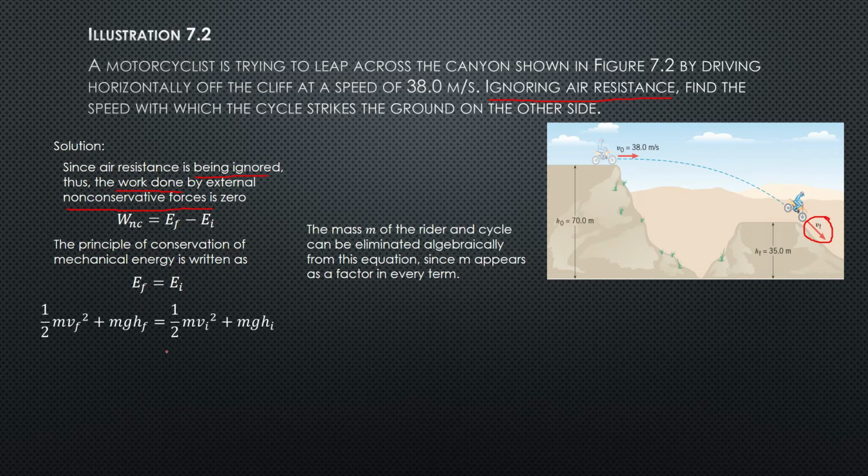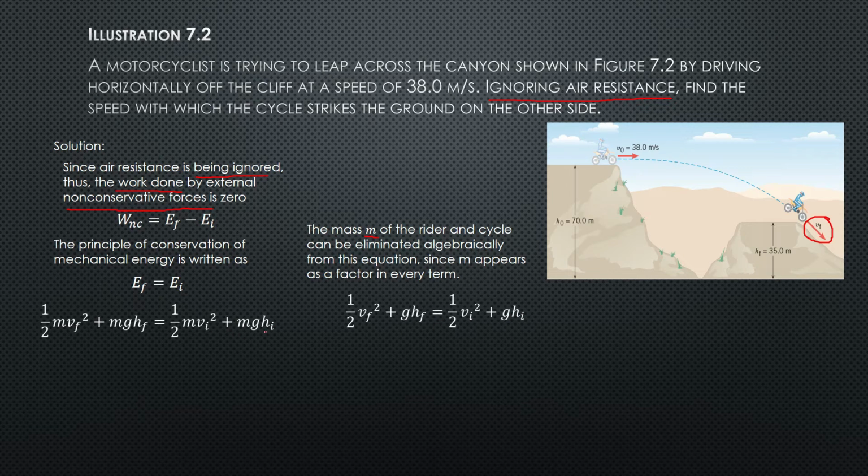Every term has a mass m of the rider, so this can be eliminated by dividing both sides by m. This gives us 1/2 v_f squared plus g h_f equals 1/2 v_i squared plus g h_i.